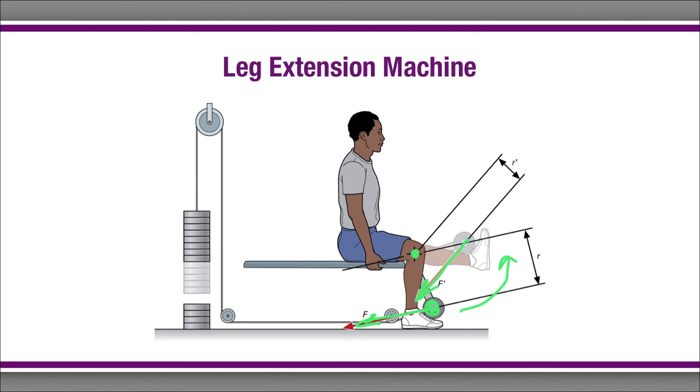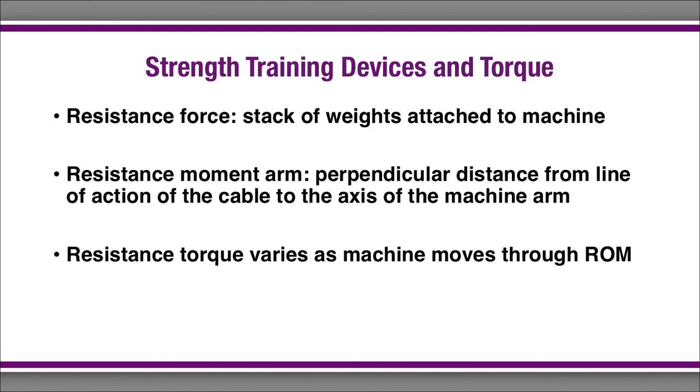Again, our moment arm does change through a range of motion, as we talked about with the bicep. In this case, the resistance force is actually the stack of weights attached to the machine. The resistance moment arm is the perpendicular distance from the line of action of the cable to the axis of the machine arm, all right? And the resistance torque varies as the machine moves through our range of motion.